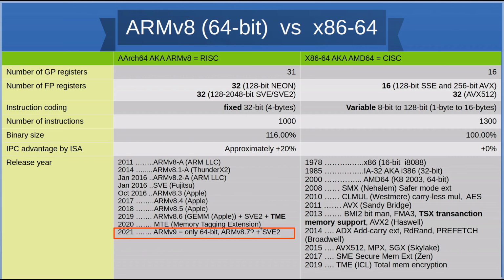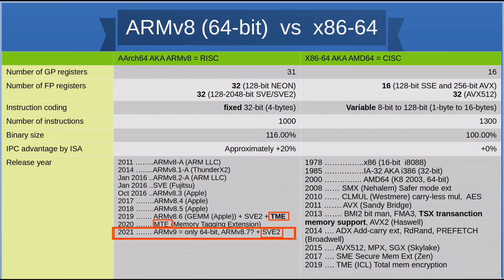So it will be using only SVE2 and probably TME, MTE, and some other things. So it will be like a new standard, throwing away the backward compatibility, aiming purely for performance. And I can see that ARM is so much better and more energy efficient.